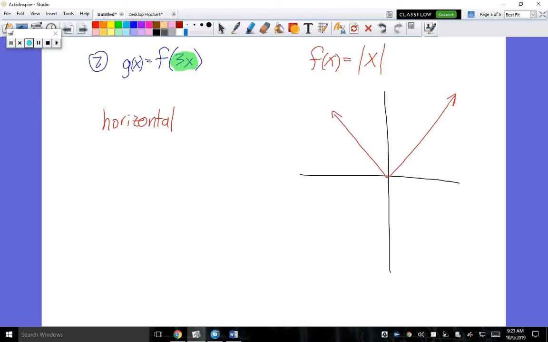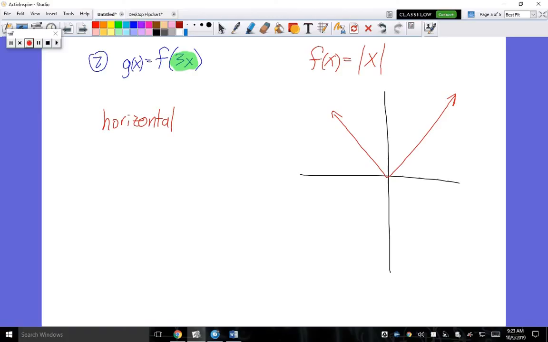Because it's multiplication, it could be a compression or a stretch. At first glance, what does it look like? A stretch, because it's bigger than 1. It's like tripling the height. So it looks like a horizontal stretch by 3, but we're going to say it's with the x.